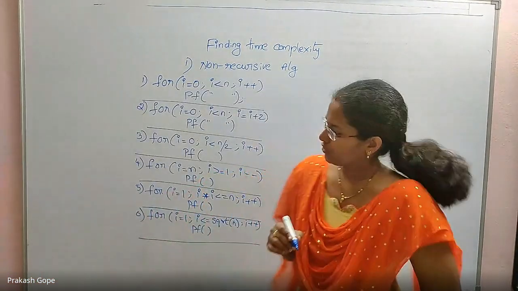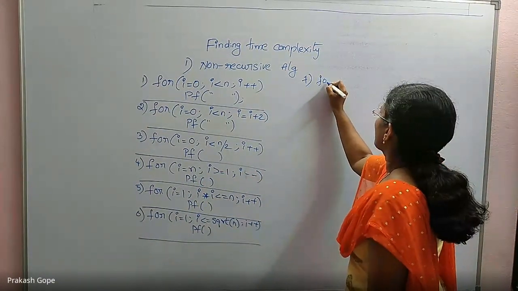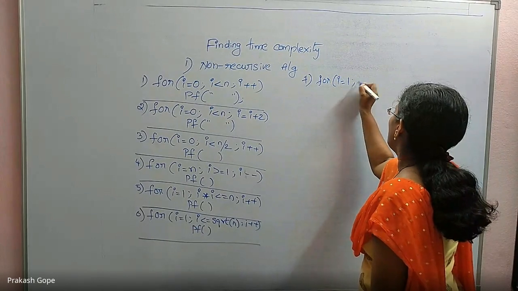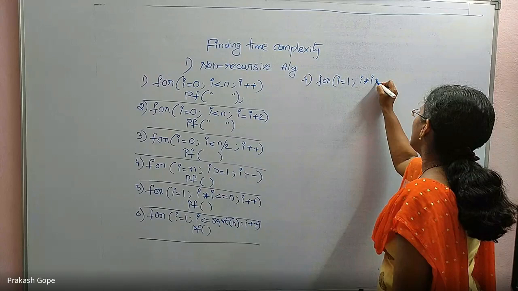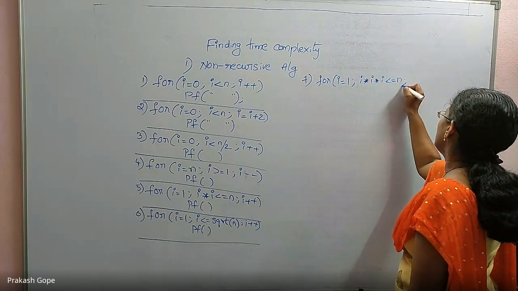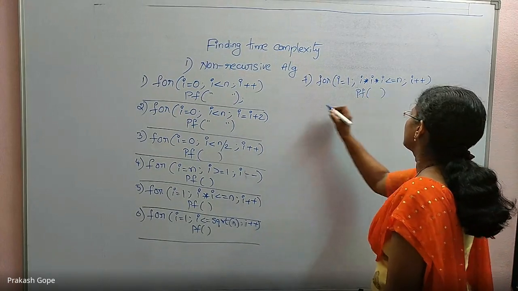Let me write one more also here. For i equal to 1, i into i is less than or equal to n, i plus plus, printf.